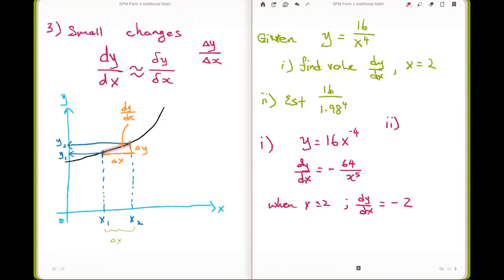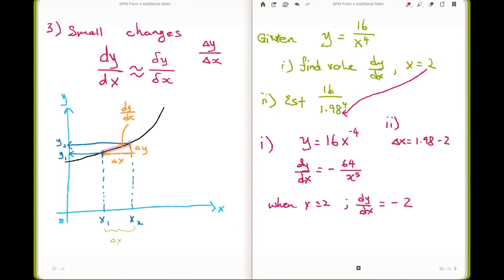So to solve this question, first of all, you need to find out the second part. 2 changes to 1.98. So what's my small change of x? The change of x is now final minus initial.